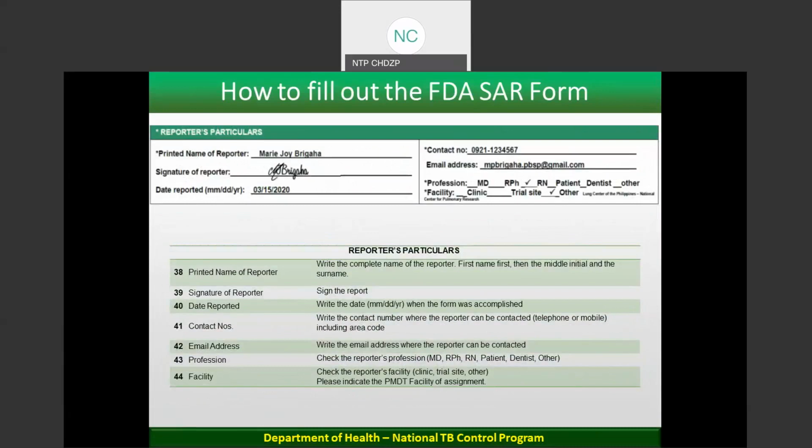Okay. The reporter, before submitting the report, should affix his or her signature and note the date when the report was done. Also include the personal information, the contact number and email address, the profession, and the facility of the reporter.